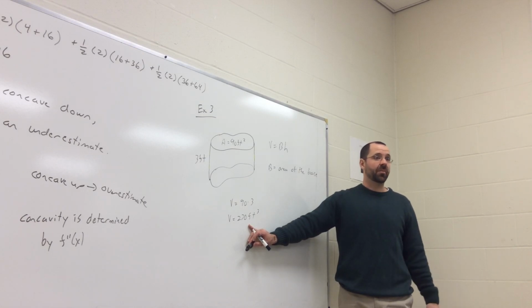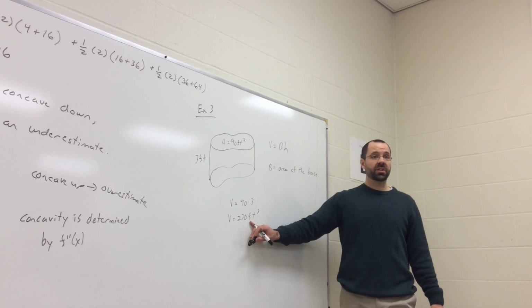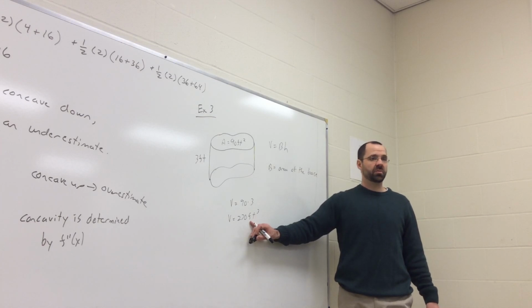So far, a lot of geometry in today's lesson. Example 1 was geometry, just the area of a trapezoid, and example 3 is total geometry, just the volume of a 3D shape that has an identical top and bottom.